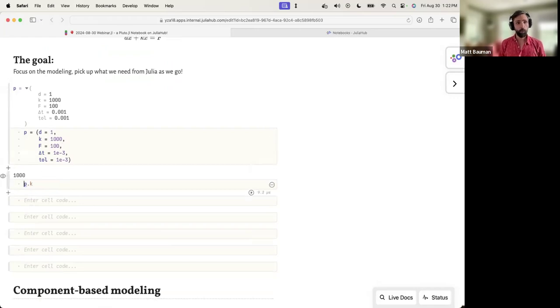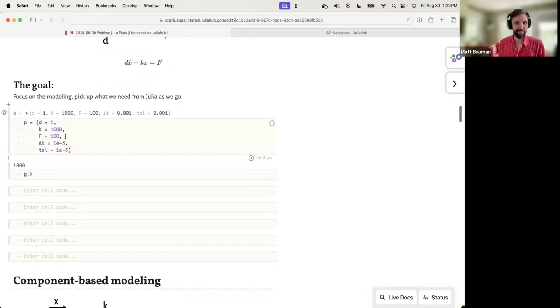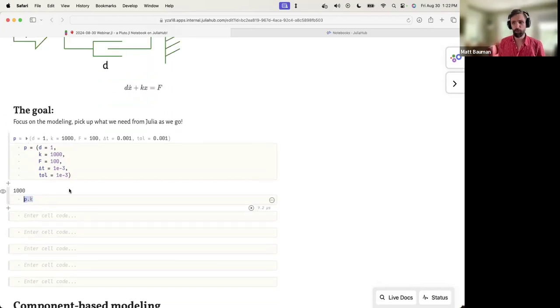So now what? That's the easy part, right? We have our constants. What do we do next? Well, one way you might think about trying to solve this differential equation is just by writing a function. In Julia, we can do that with the function keyword, f.